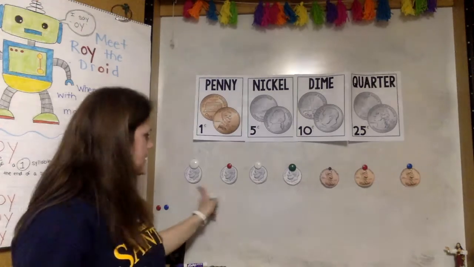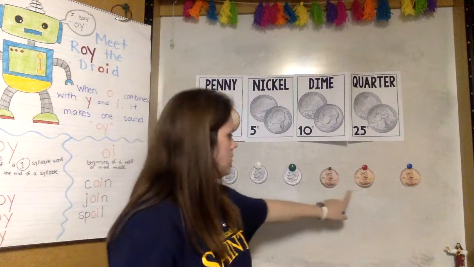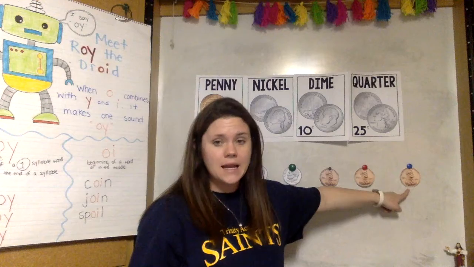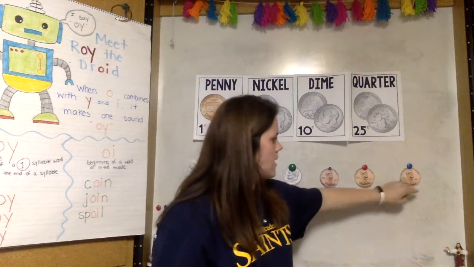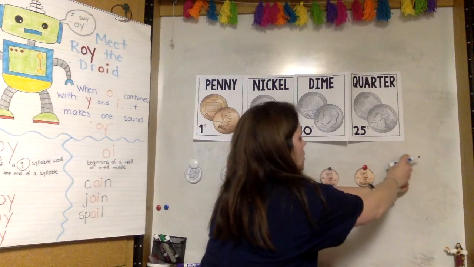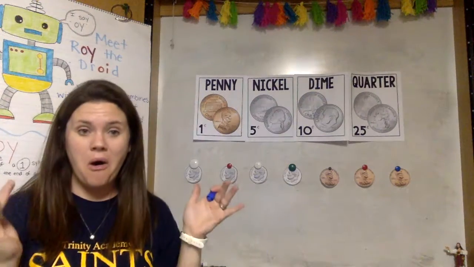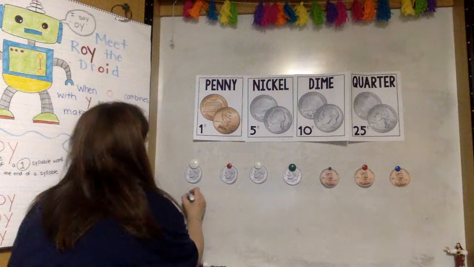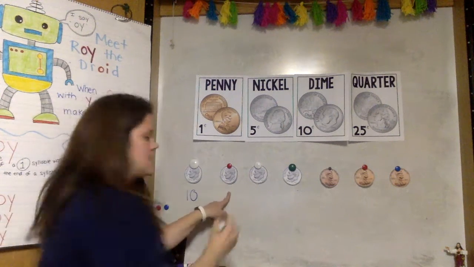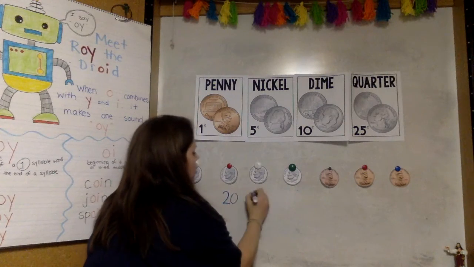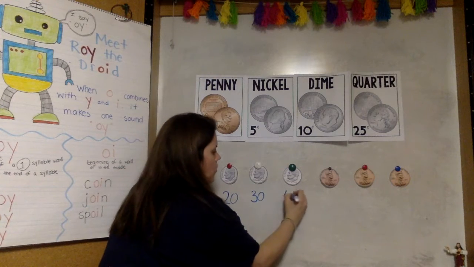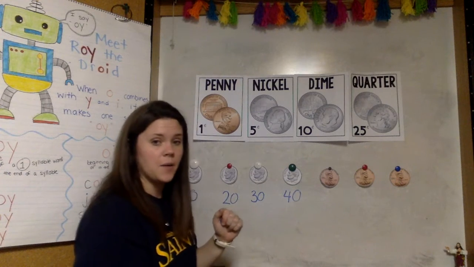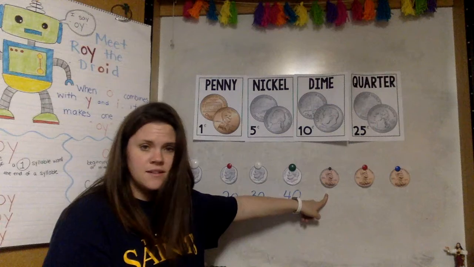Okay, so we have 1, 2, 3, 4 dimes. So I'm going to count by tens. And I have 1, 2, 3 pennies. So I'm going to count by ones. And then I will find out how many I have in all, right? So let's count. 10, 20, 30, 40. But now what do I do? Is that 50?